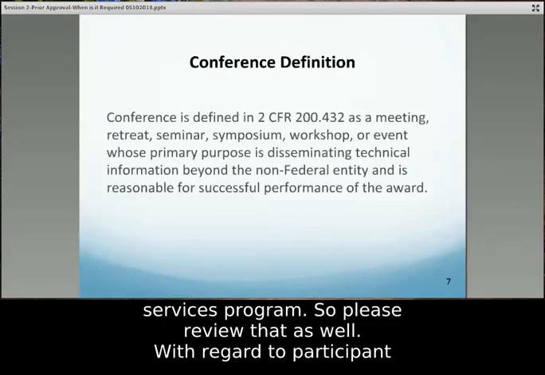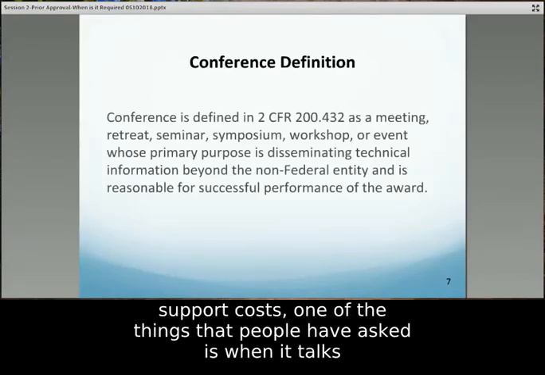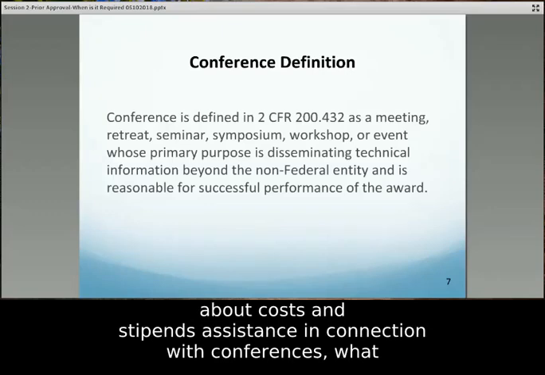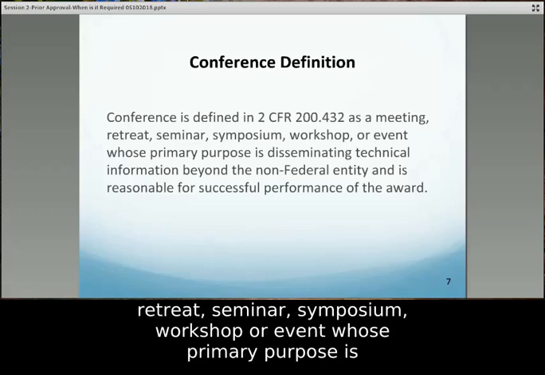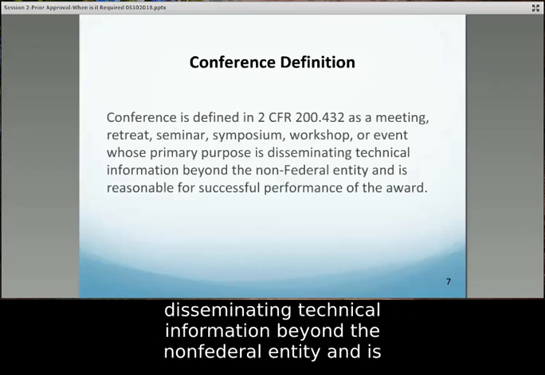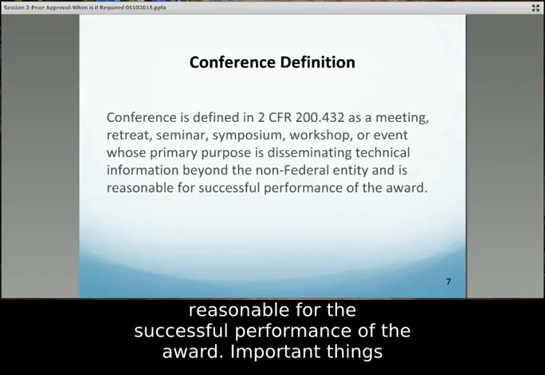With regard to participant support costs, one of the things that people have asked is, when it talks about costs and stipends as assistance in connection with conferences, what is a conference? The Uniform Guidance defines a conference as a meeting, retreat, seminar, symposium, workshop, or event whose primary purpose is disseminating technical information beyond the non-federal entity and is reasonable for the successful performance of the award.